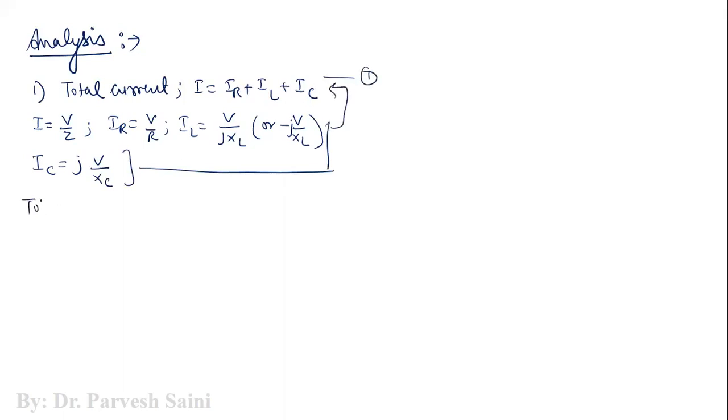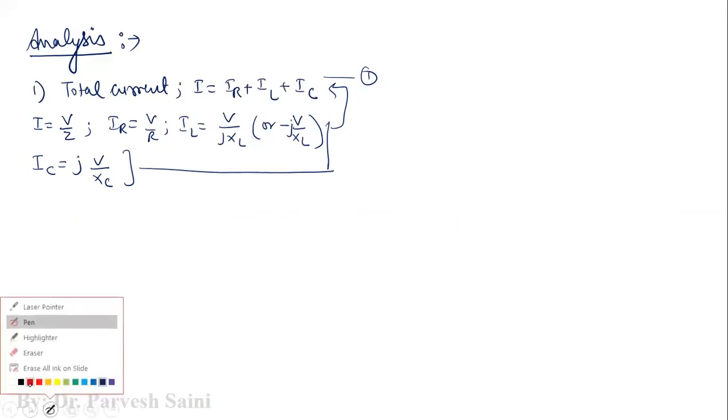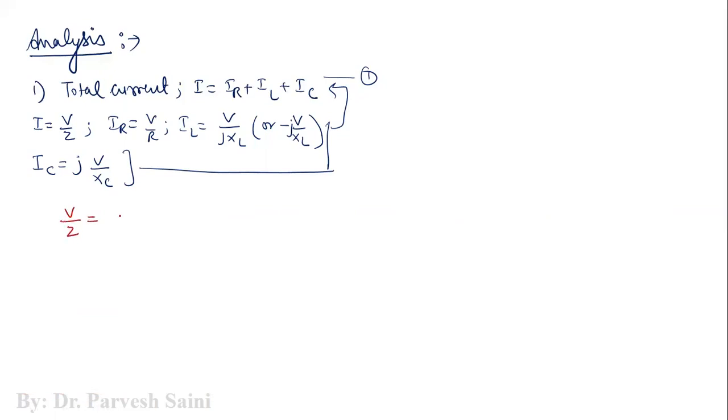we have the total current I equal to V by Z, sorry, not I, so V by Z is equal to V by R plus V by JXL plus JV by XC.